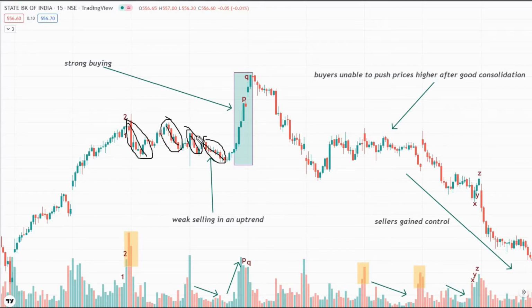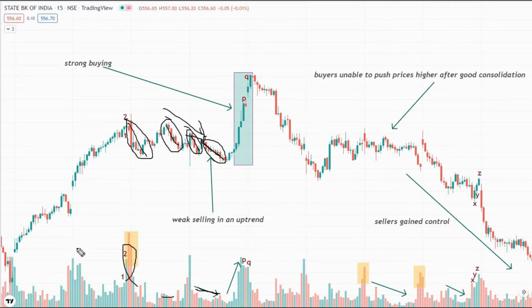So this is also an indication that sellers are losing momentum, and also the volumes are going down. Here huge volumes have significantly come down, and here volumes have become even lower. So this is an indication from the market that sellers are losing momentum in this retracement leg.